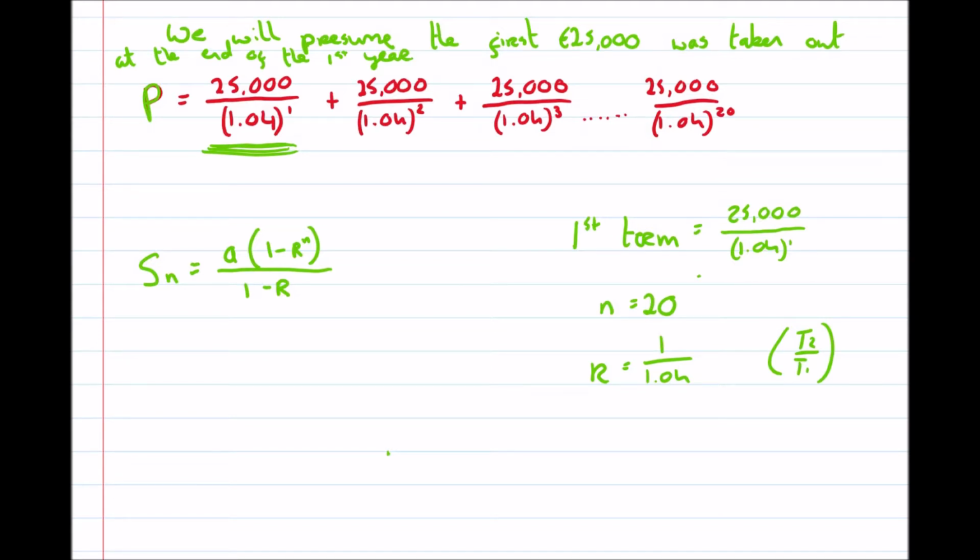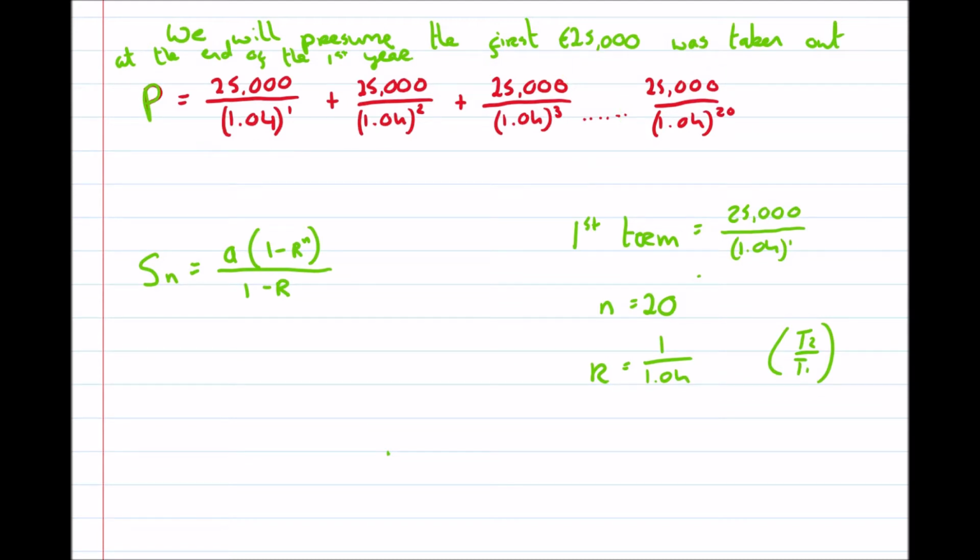So 1 plus the interest rate is 1.04 to the power of 1, because that 25,000 is only staying in the account getting interest for 1 year. The next 25,000, same interest rate, 1 plus 0.04, which is 1.04. However, that 25,000 is going to get 2 years' interest, and so on, all the way up to 20.